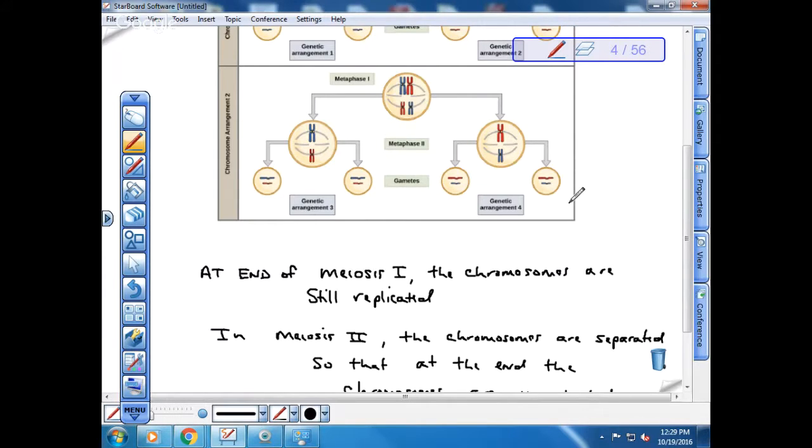And what that means is that there are no pairs. So notice how there are no chromosomes that are of the same size and the same shape. There are no pairs. And the whole point of this process of meiosis is to have the genetic material so that when the egg and the sperm come back together, the genetic material will be a full complement and will not be doubled.